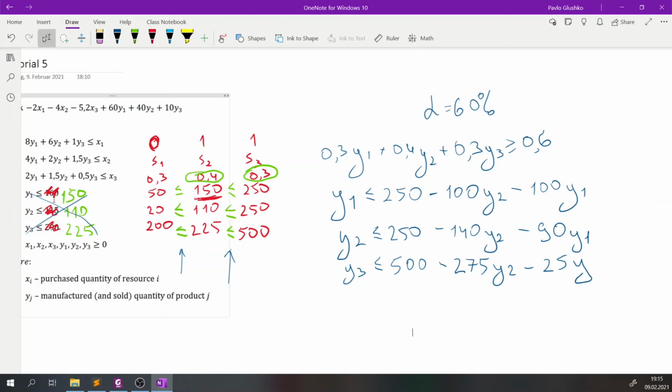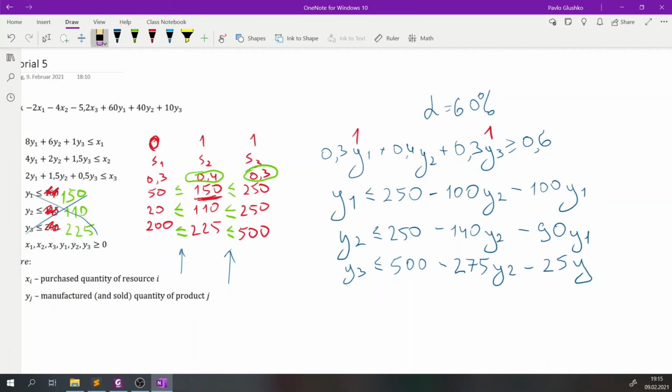So the formulations that we have so far, nothing prohibits the computer to do something like that. Set y1 to 1, y3 to 1, and y2 to 0. But we know that it's not possible. We know that due to the values of the parameters, if we activate scenario 1, it means that scenario 2 is also automatically activated.